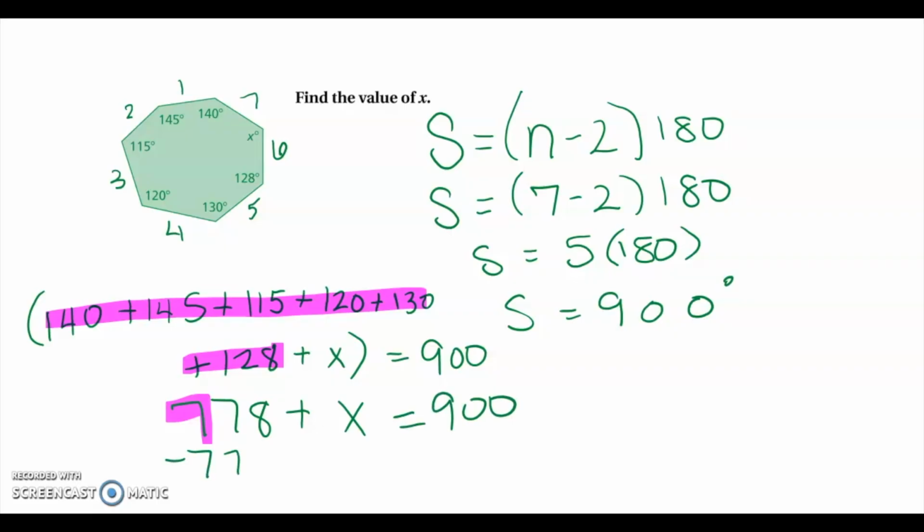So we subtract 778 from both sides, and we get that x equals 122 degrees. We're just using that formula to find the sum of all of the angles, and then we can figure out a missing angle if we know the rest.